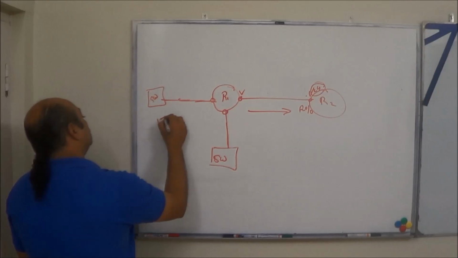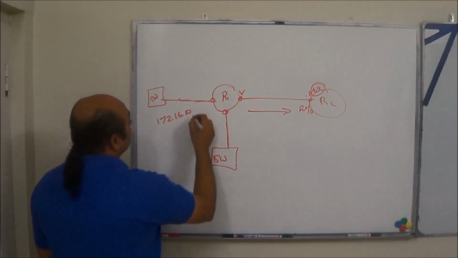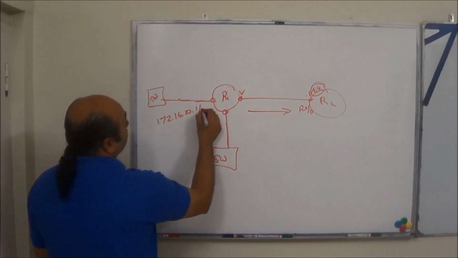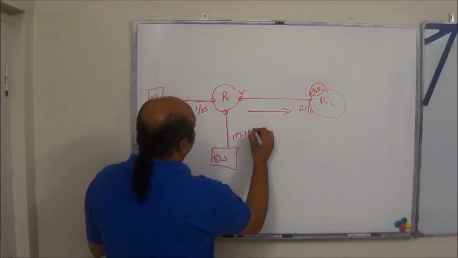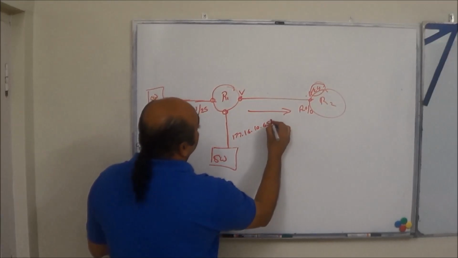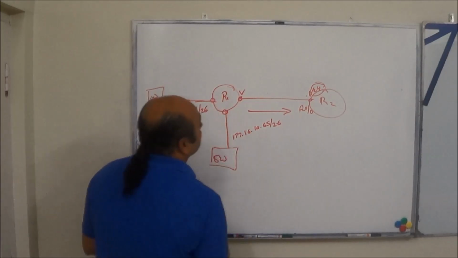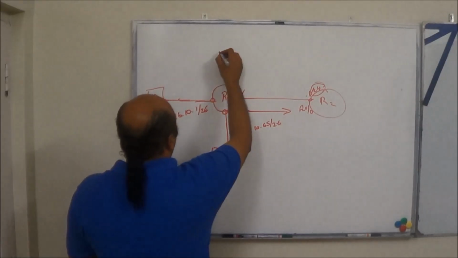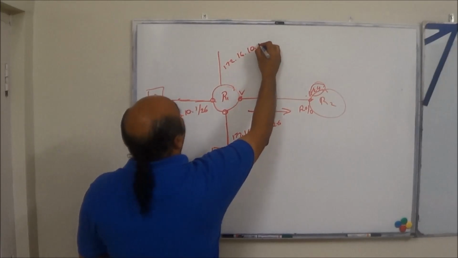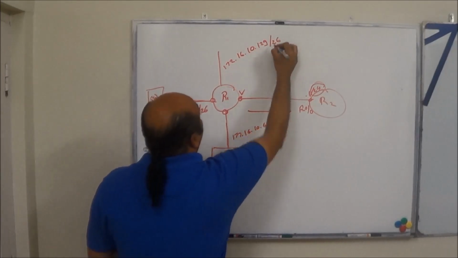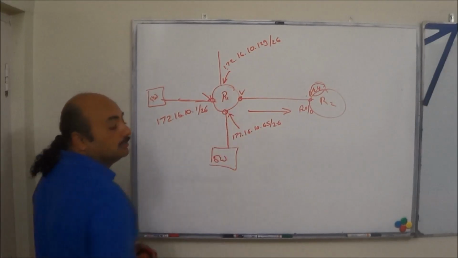172.16.10.1/25. Then 172.16.10.65/26. Then 172.16.10.129/26.